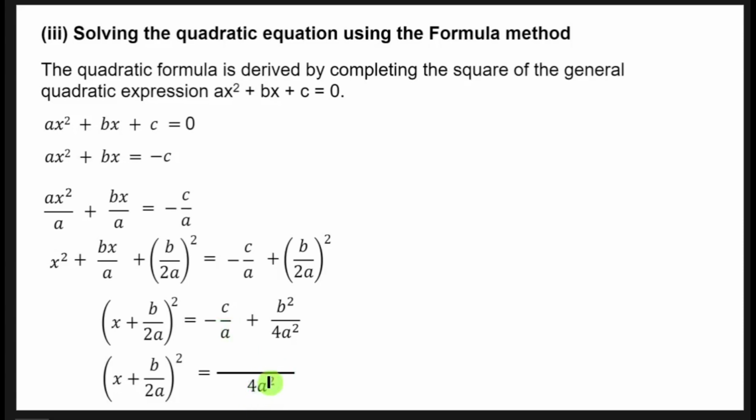So 4a times negative c, it will be negative 4ac. I said a into 4a squared, it will give us 4a. 4a times negative c, it will give us negative 4ac.